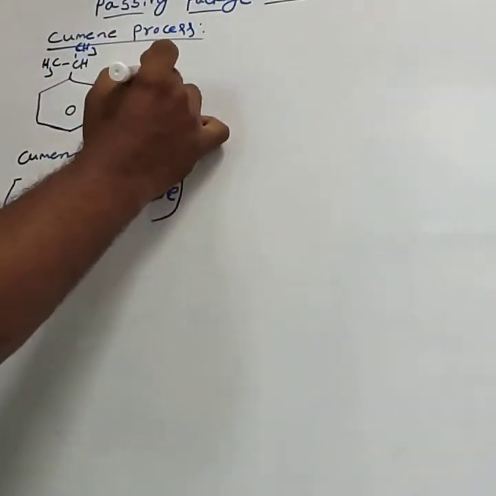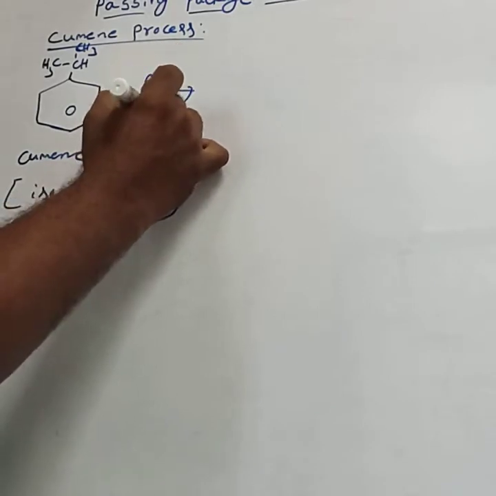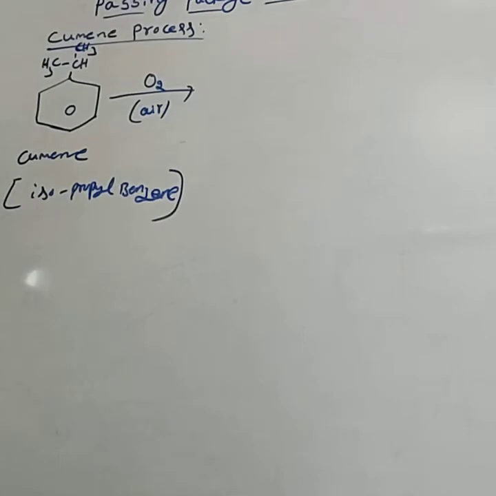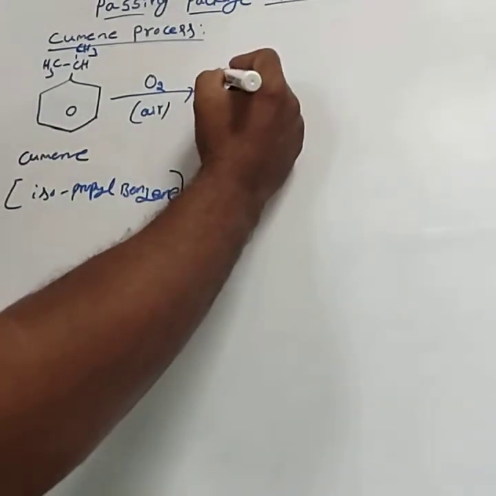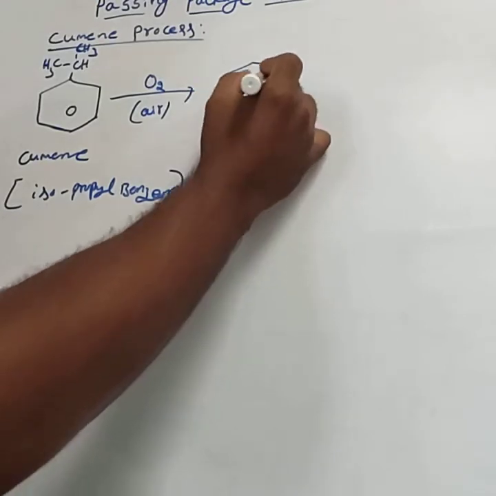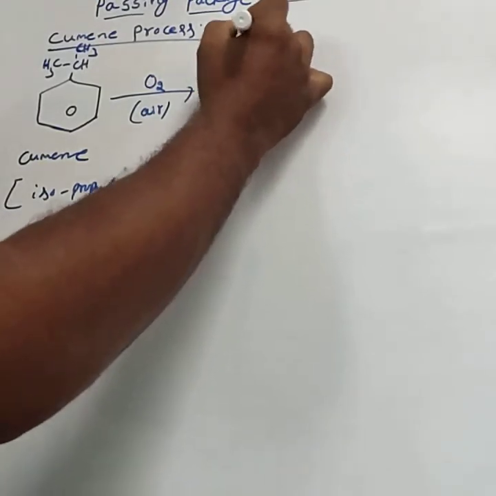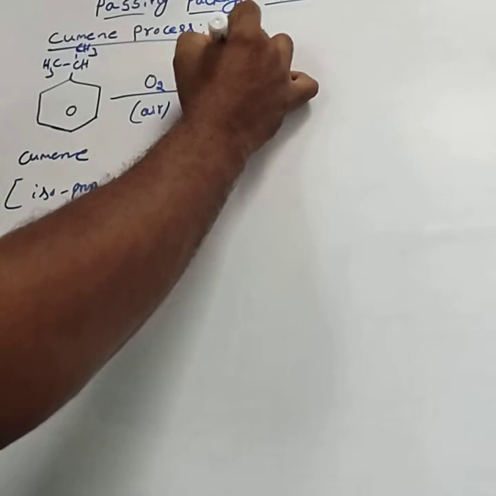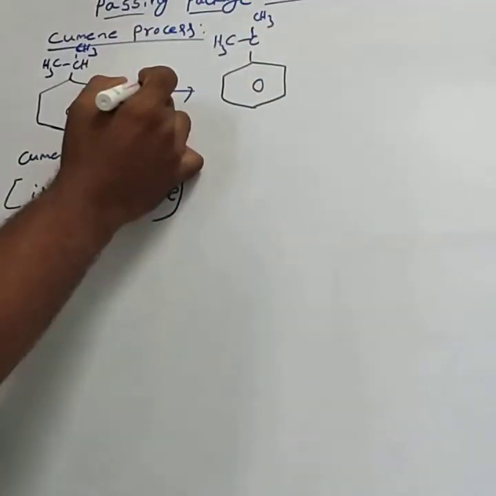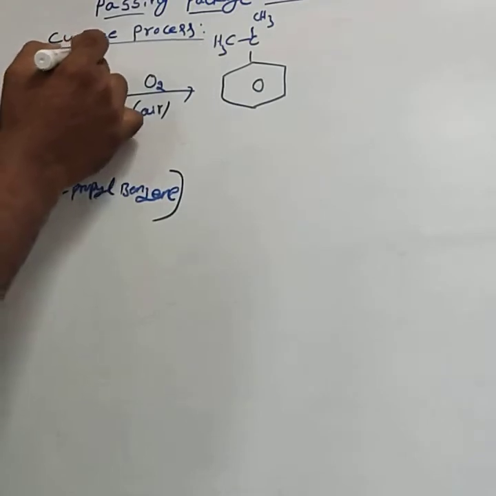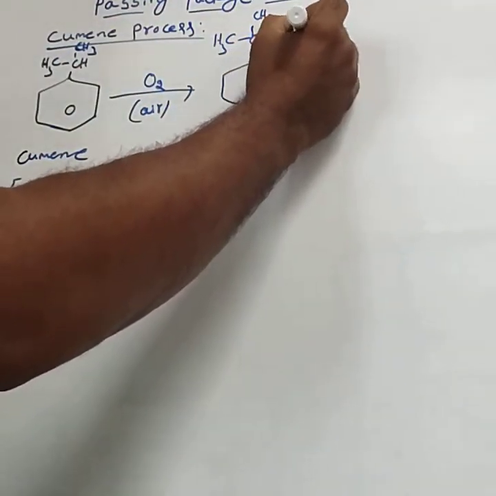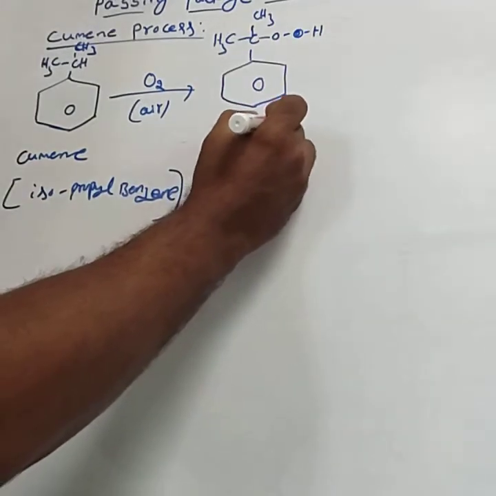Cumene is oxidized in the presence of air to form cumene hydroperoxide. The cumene hydroperoxide structure is this, with oxygen added in between carbon and hydrogen. This is the cumene hydroperoxide.